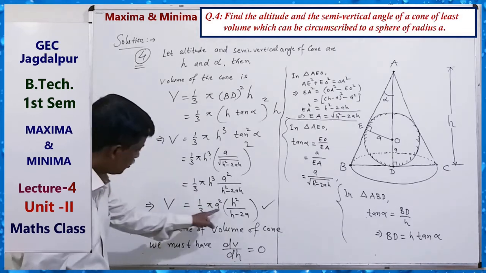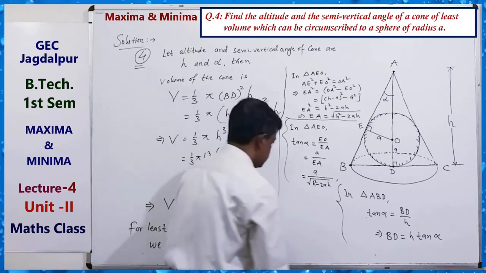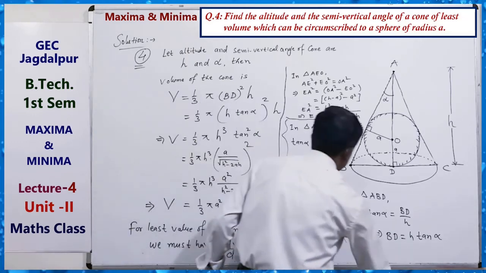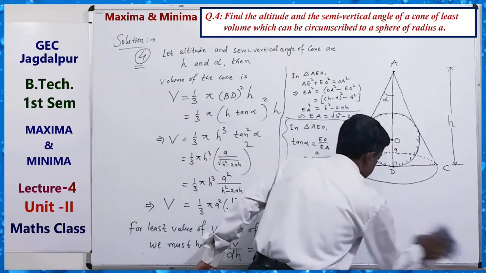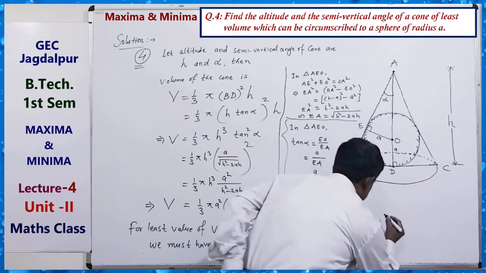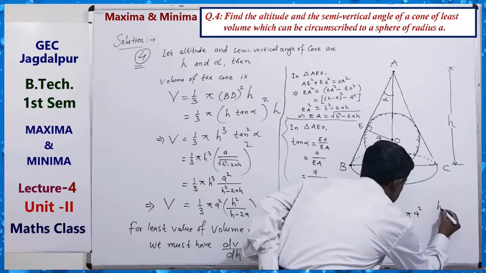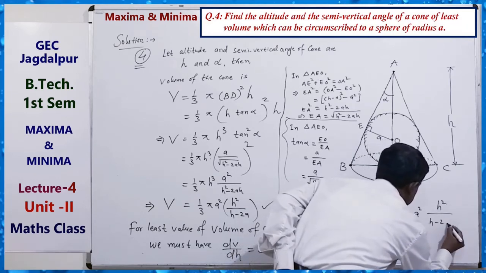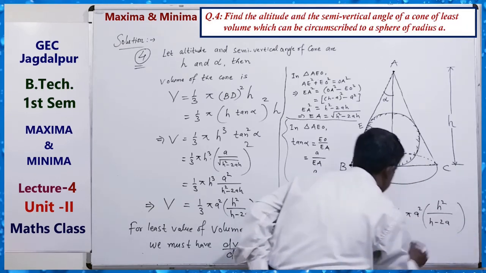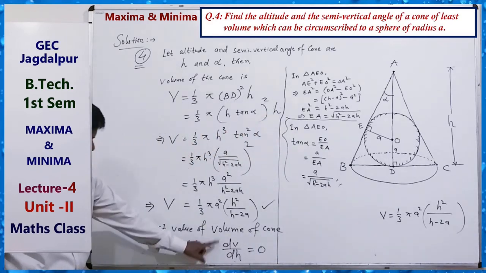So the volume is V equals 1 by 3 pi a square h square upon h minus 2a.